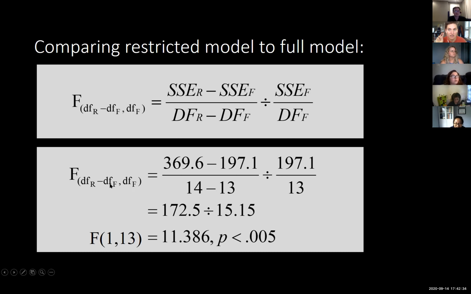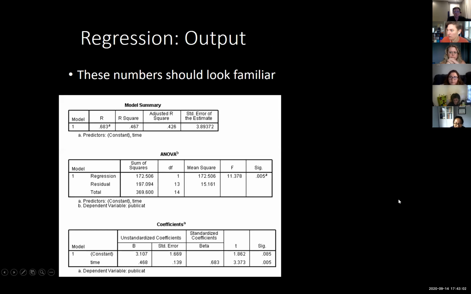And in the full model, we're estimating the intercept and the slope, so that's 2 parameters. So the degrees of freedom here is 1, and the degrees of freedom for the full model is N minus 2. So this little F is going to show up in your results tables when you're explaining to the reader what you found and whether you've significantly reduced the error.